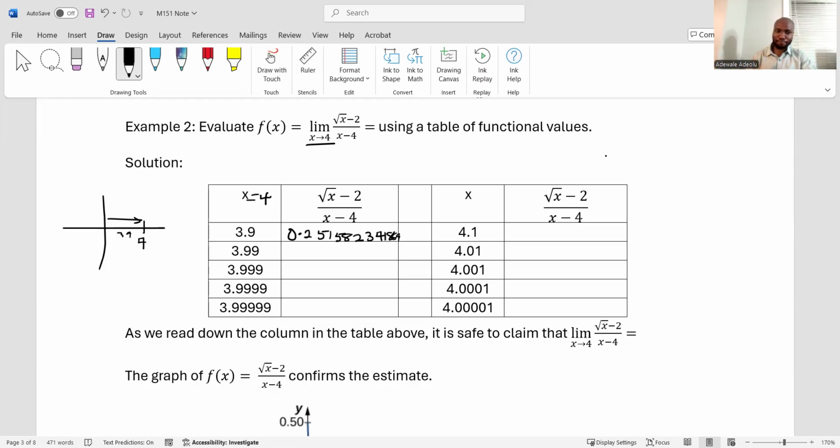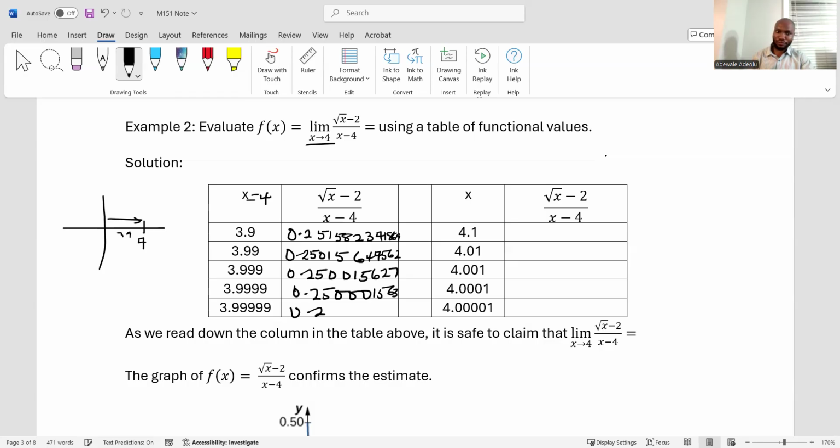For 3.99, if you do that, you should be having 0.2506445662. The next one, 0.250015627. The next one, 0.25001563.